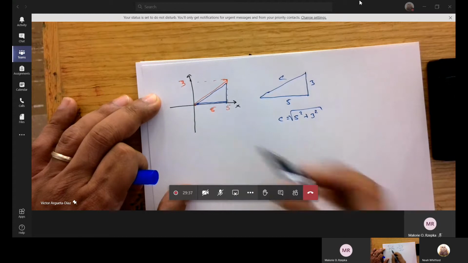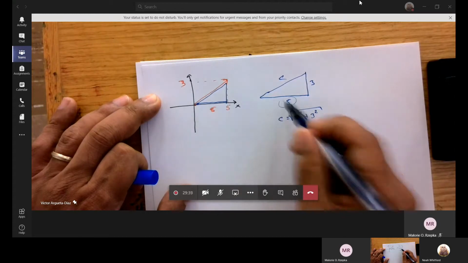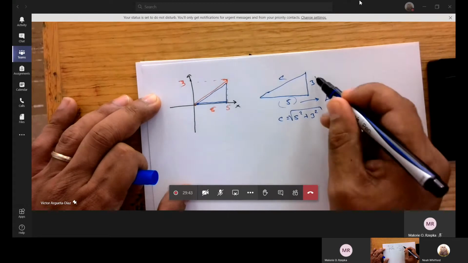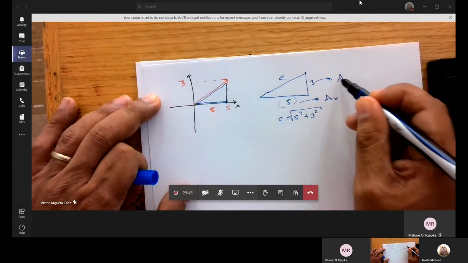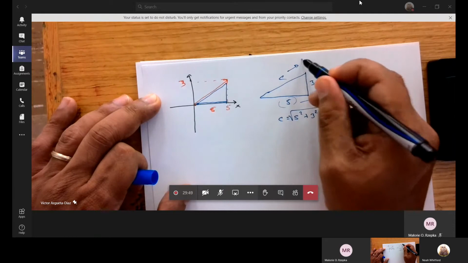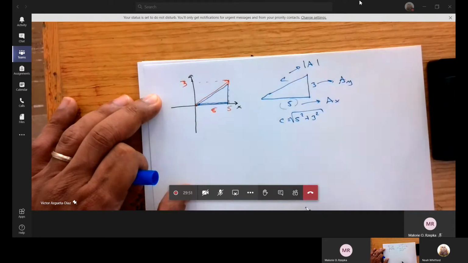So in vectors, we call this 5 the x component of the vector. The 3 will be the y component of the vector. And the hypotenuse, we call it the magnitude of the vector. Make sense?